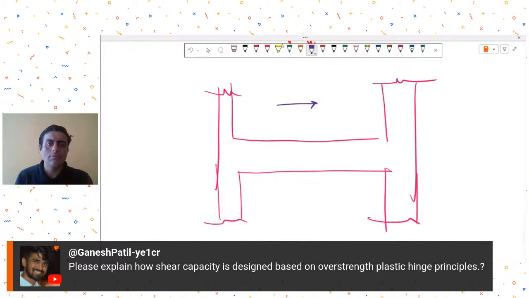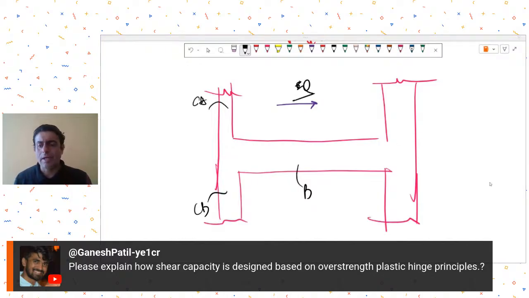So, in case of a beam column frame, if this is the elevation, this is the column above, this is the column below, this is your beam. In case of a seismic event, I don't wish to have any inelastic regions. By inelastic regions, I mean a section where all the fibers have reached inelastic levels. That means the stress levels in all the fibers have gone beyond the Fy and they are into the inelastic range.